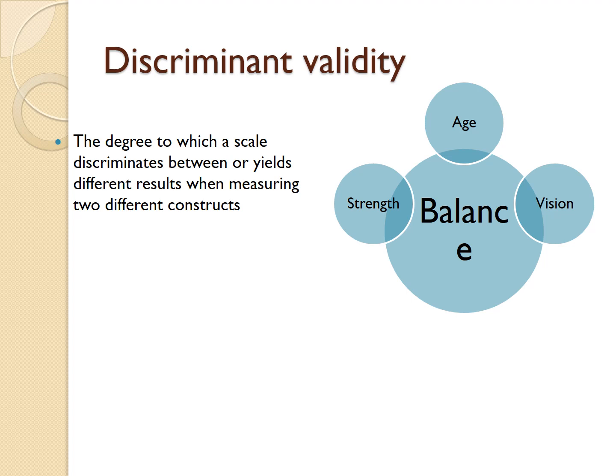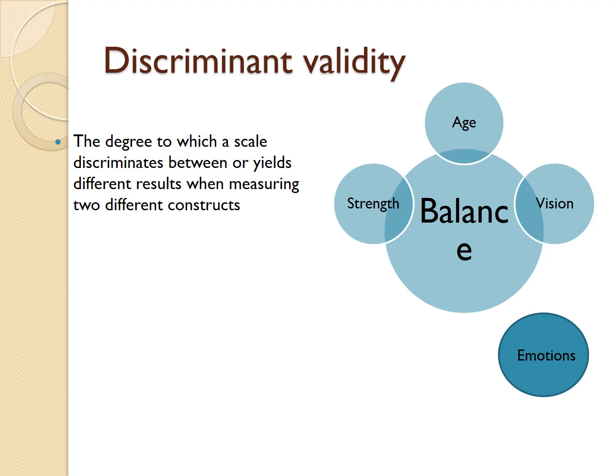So let's take an example here. You're trying to find out what factors could affect balance. Now you think, okay, there is strength, there is age, there is vision, all these factors can affect the balance. And now there's another example here, emotions. Do you really think emotions would affect balance?